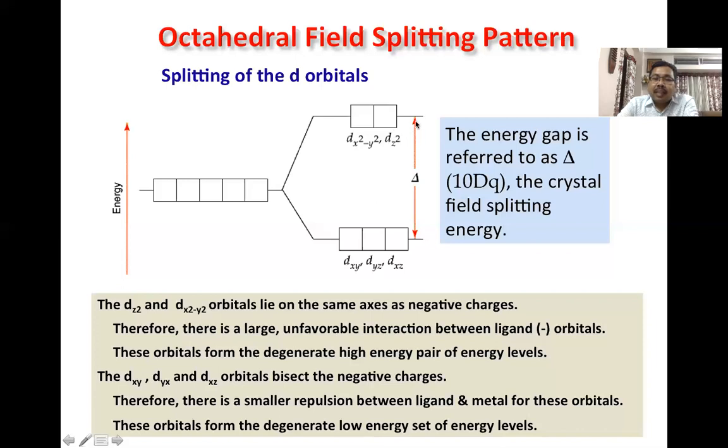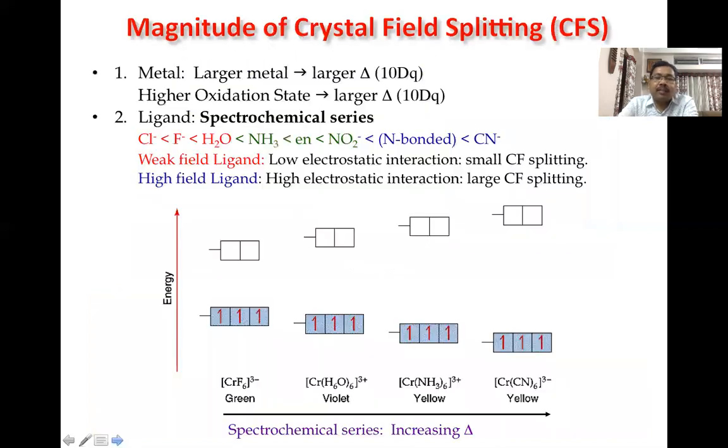Now, there are certain factors on which the crystal field splitting energy depends. The gap between these two sets of orbitals may vary depending upon certain factors. Firstly, it depends upon the nature of the metal. The metal involved in the coordination complex will tell you whether it is going to split more or less.